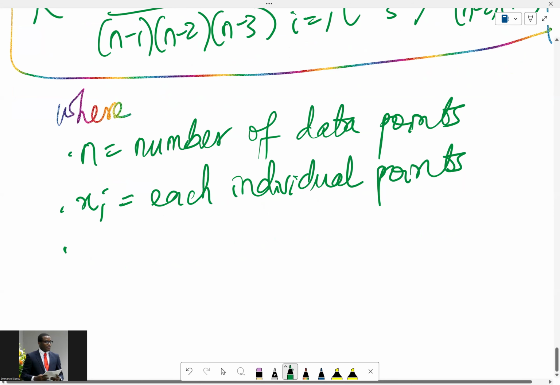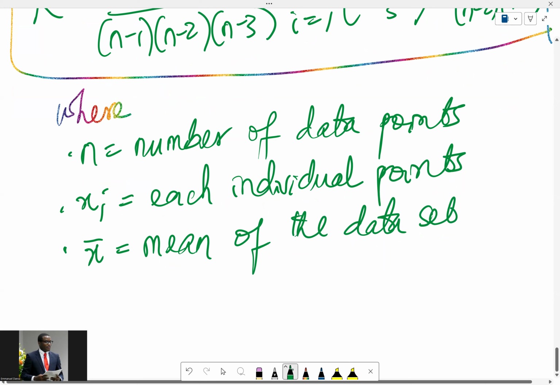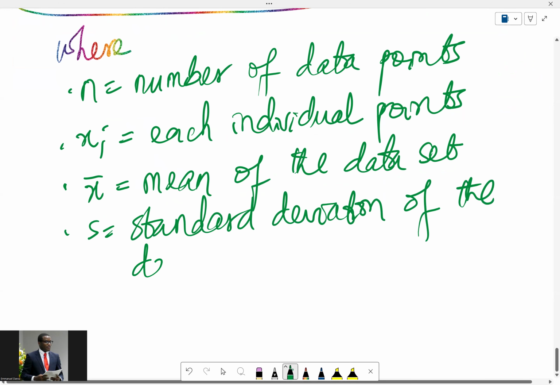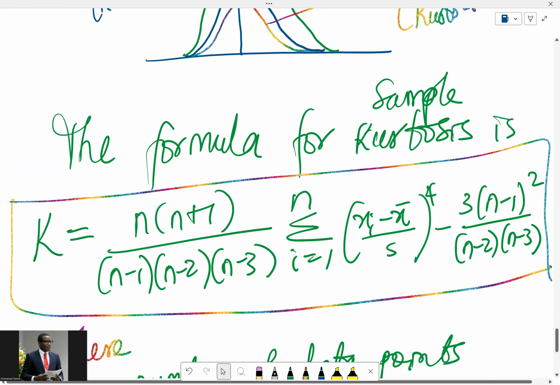Then you have x bar, which is the mean of the data set. And lastly, you have s, which is the standard deviation of the data set. So that's the formula for kurtosis.